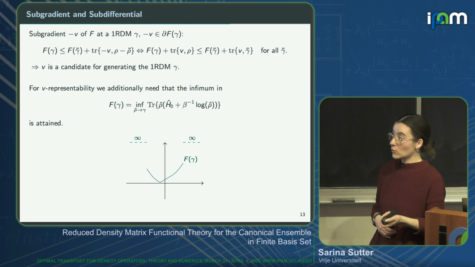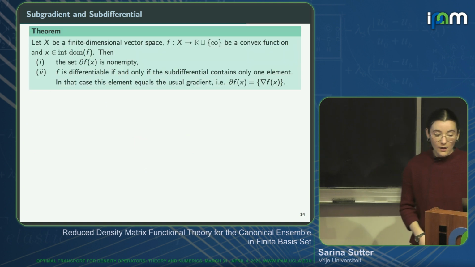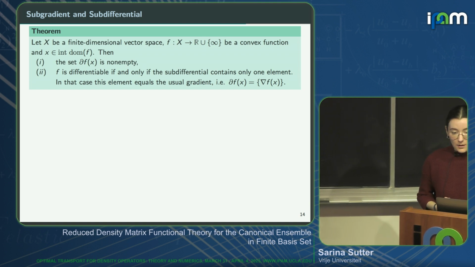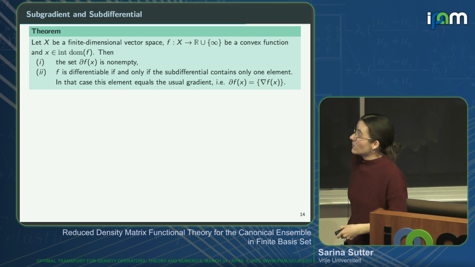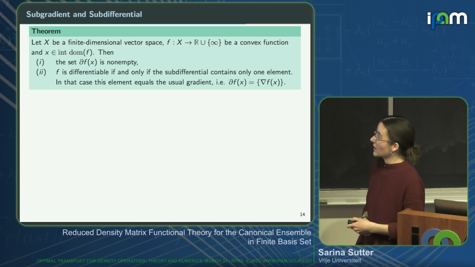So we need two ingredients: a non-empty subdifferential, and a minimum. Then we have the following theorem, which tells us about the existence of this subgradient.